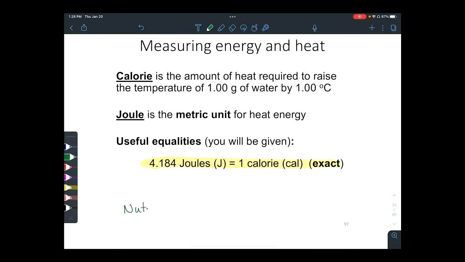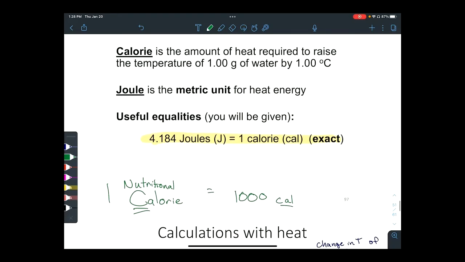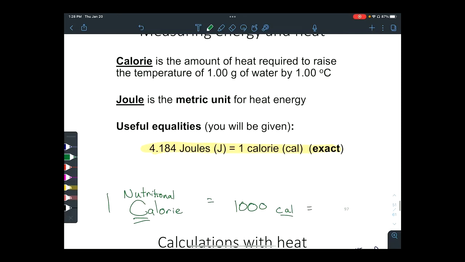A nutritional calorie is actually written with a capital C if you look at the box. So 1 nutritional calorie is actually 1,000 small c calories, just to make it confusing. And therefore 1,000 calories would be 4,184 joules.